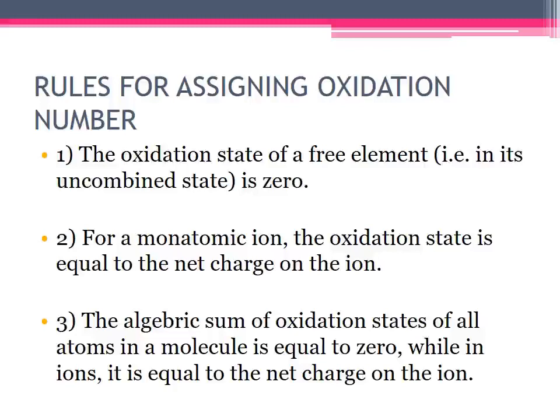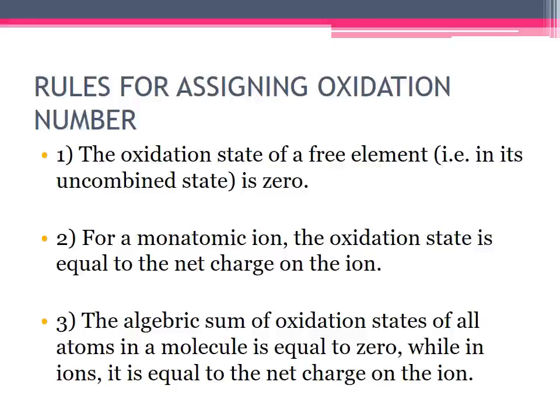But in SO4 2-, first you write the oxidation number of S. There is only one S, so the oxidation number of S plus, for oxygen, there are 4 atoms, so 4 into the oxidation number of oxygen. Now the value in the power is 2-, so equal to -2. In this way you have to calculate. What is the oxidation number of S? What is the oxidation number of oxygen? You have to calculate it. I will tell you how to calculate it.